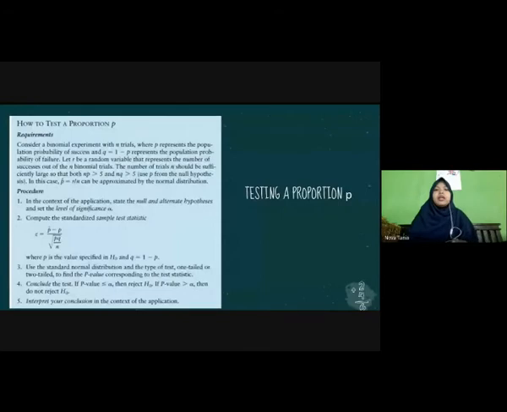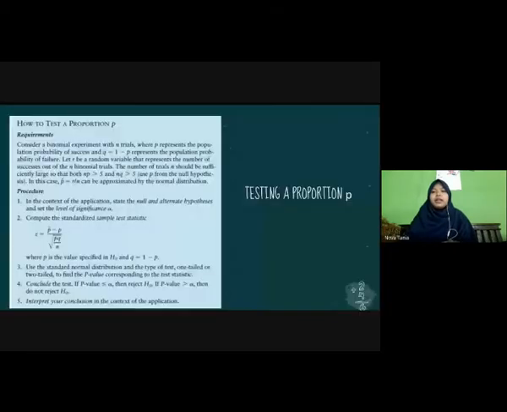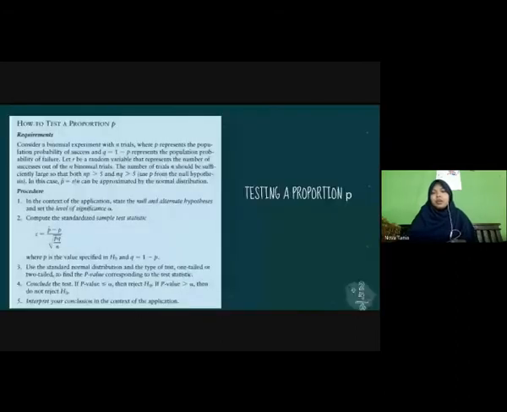If the p-value is less than or equal to alpha, then we must reject the null hypothesis. If the p-value is greater than alpha, then we do not reject the null hypothesis. And last, interpret our conclusion in the context of the application.